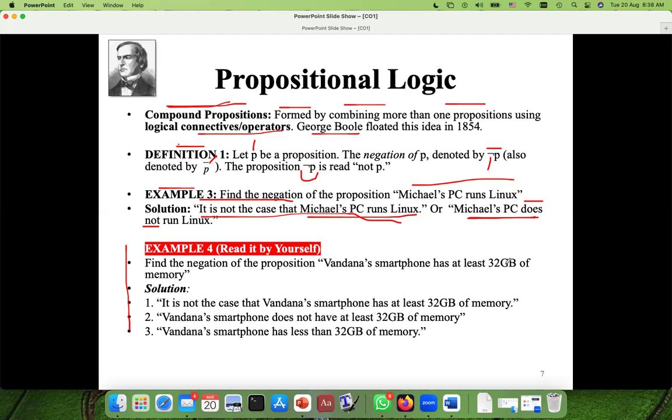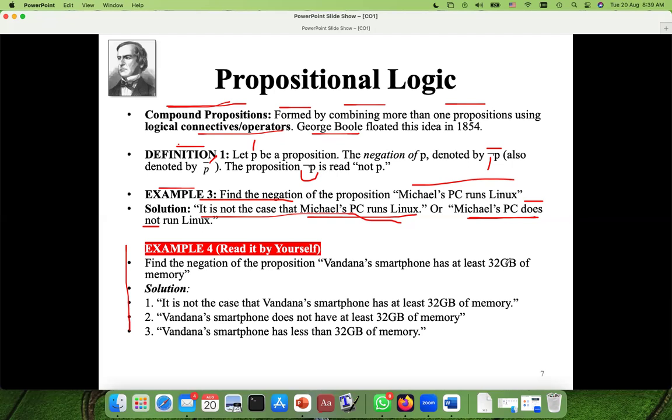So at least means 32 and above, 32 is included. At most means 32 and lower, 32 again included. If you are finding the negation, that is not the negation because you are considering 32 again. So you have to go totally opposite of that.